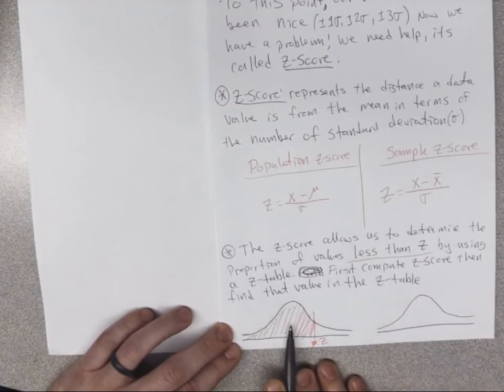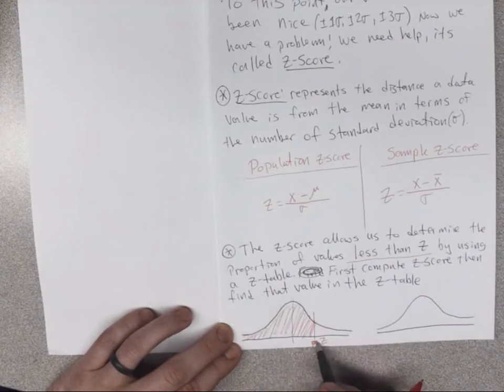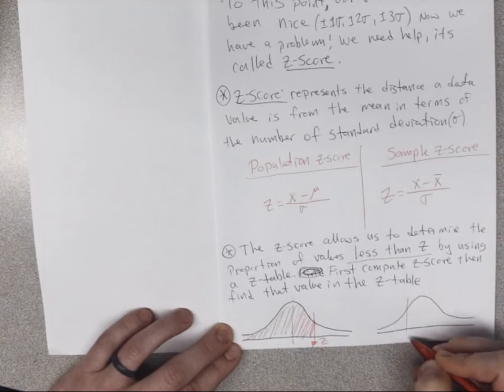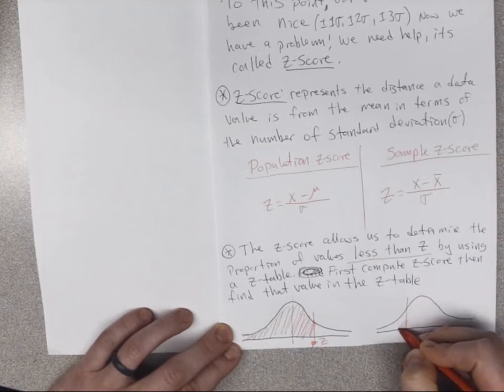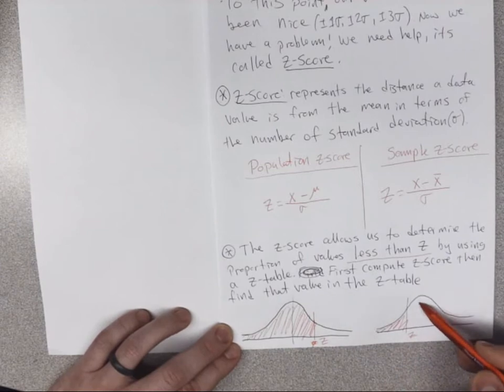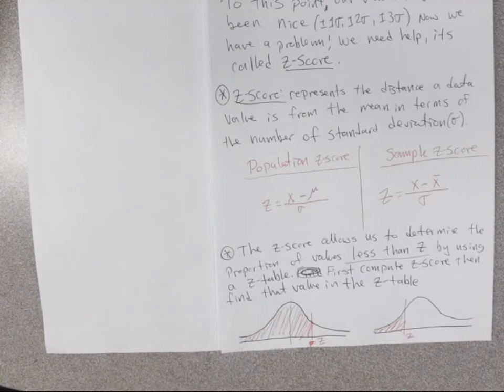If this is the 50% line, this value is greater than 50%, or it's better than more than 50% of the observations. Or you can have a z right here, and it's finding this proportion. So if this is the 50% mark here, you know that this value is less than at least 50% of the other observations.